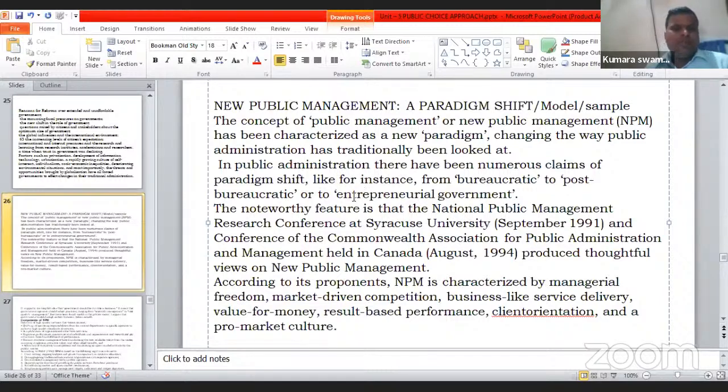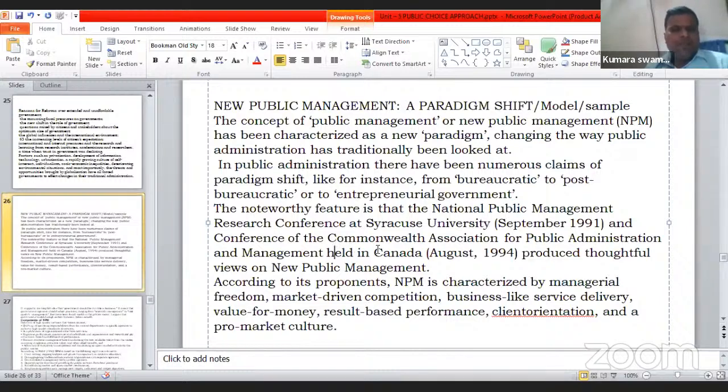So this new public management model is based on a landmark meeting conducted by administrative thinkers, especially at Cyrus University. This meeting was conducted by the National Public Management Research Conference, and another conference was held by the Commonwealth Association for Public Administration and Management in Canada in 1994.